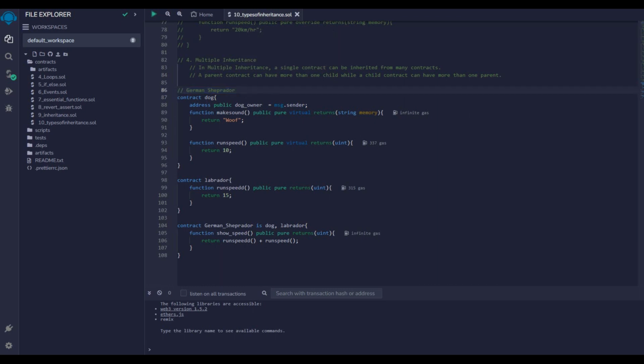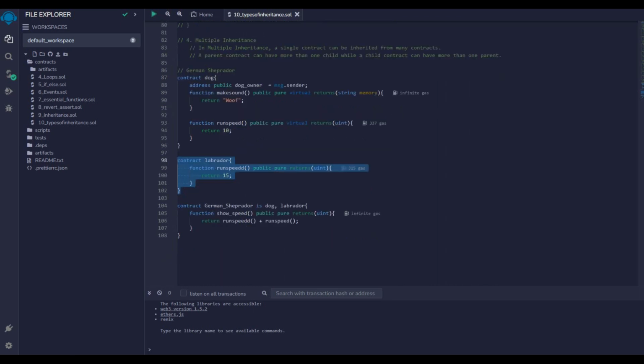So in multiple inheritance, I've created a Dog contract, and there is also a contract of Labrador. Now we want a German Shepherd Labrador contract, which is a Dog and also a Labrador, so it's a mixed breed between the two.